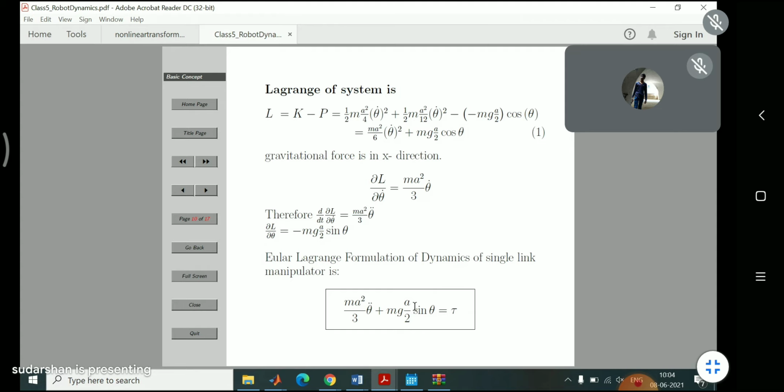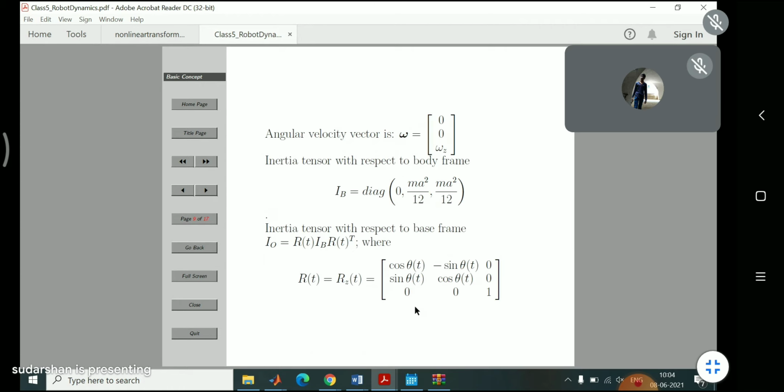Let me check that. The next term is the angular velocity. Here we have ma square by 12, ma square by 12, and it is along the z direction.